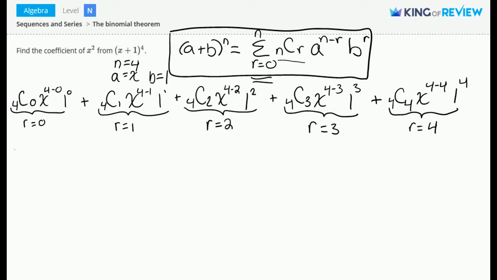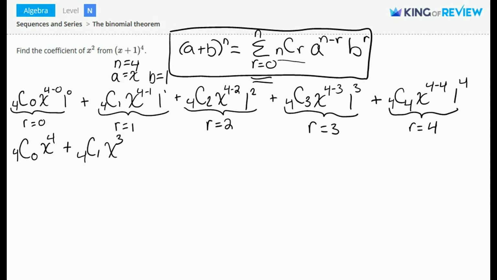So for r equals 0, we have 4C0. x to the 4 minus 0 is just x to the fourth power. And 1 to the 0 power is 1, so I don't need to include that there. So plus, for r equals 1, we have 4C1, x to the third power, and then times 1 to the first power.